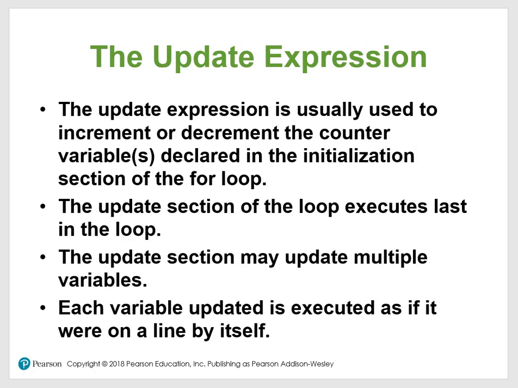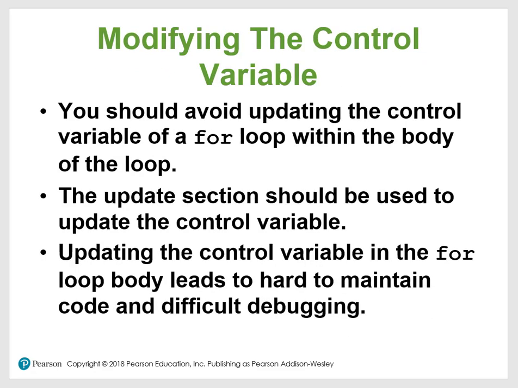The update expression is usually used to increment or decrement the counter variable declared in the initialization, the loop control variable. So the update section of the loop executes last in the loop. And you can have multiple updates. Again, it's a very similar format to the while loop that you've seen in the past.